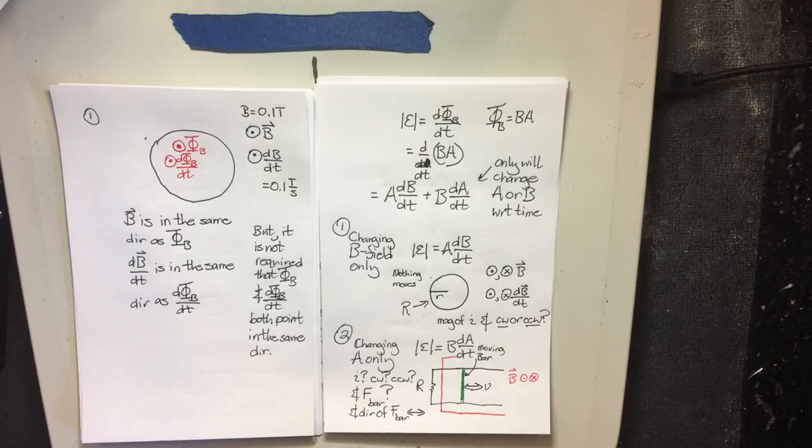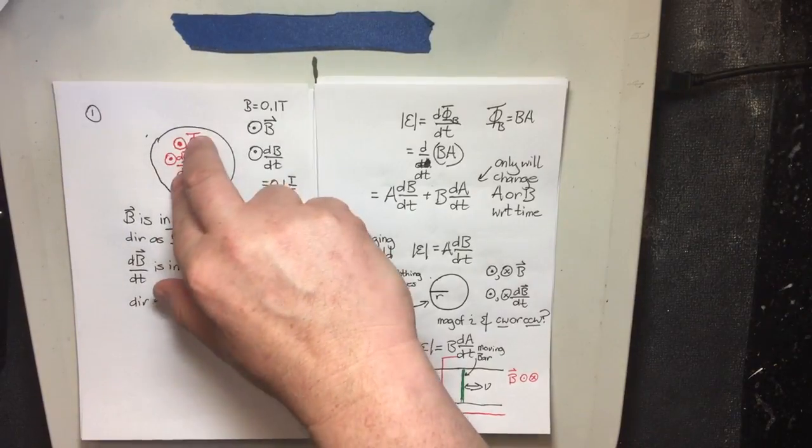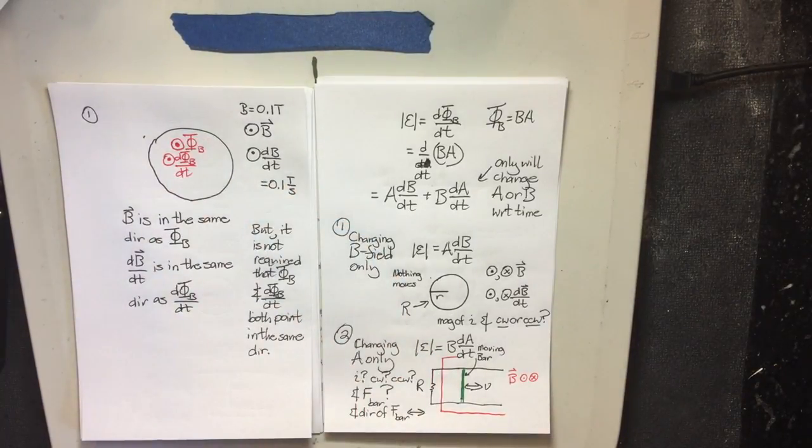The dB/dt will always point in the same direction as the change in magnetic flux. But it is not required that the magnetic flux and the change in magnetic flux go in the same direction. So those two vectors can be both out, both in, opposite. It doesn't matter. It all depends on the external changes that are going on.